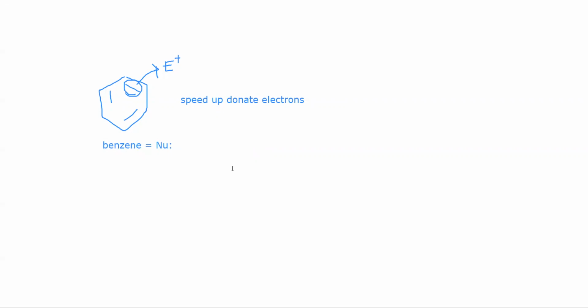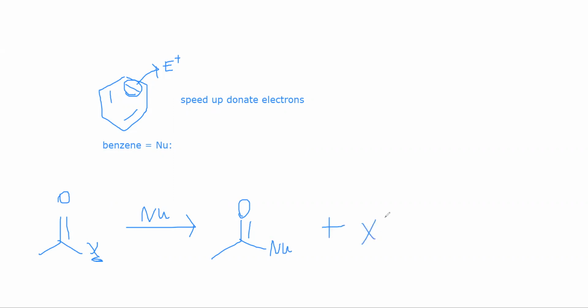But most of the reactions we're looking at this semester with carboxylic acid derivatives are nucleophilic acyl substitutions. You're starting with one carboxylic acid derivative, adding some sort of nucleophile, and substituting the leaving group, this X, with the nucleophile. I'll show a mechanism for that, but this is generally what a nucleophilic acyl substitution reaction would look like. In here, this isn't the nucleophile like it is with benzene.